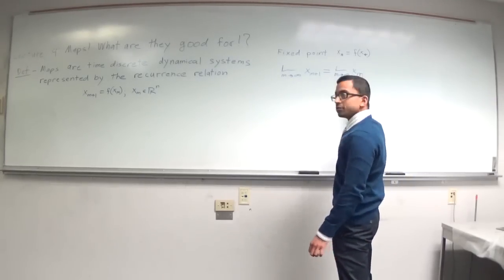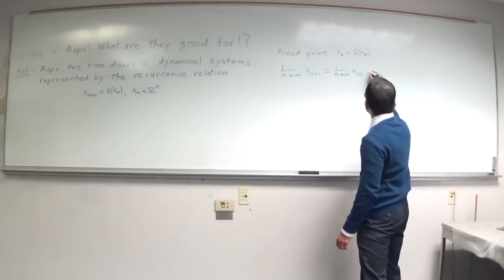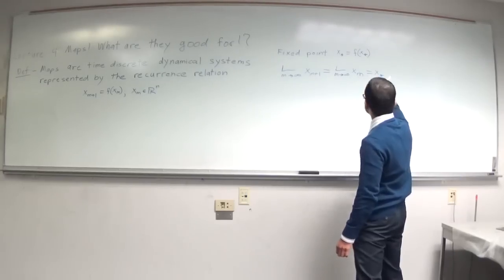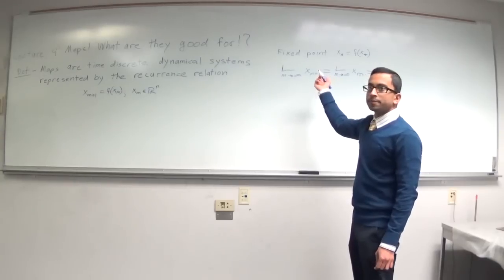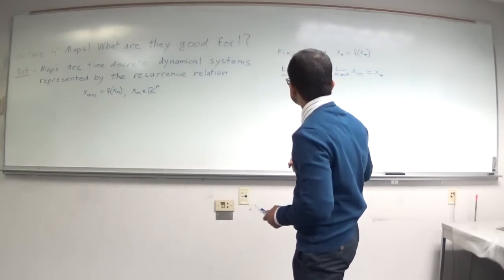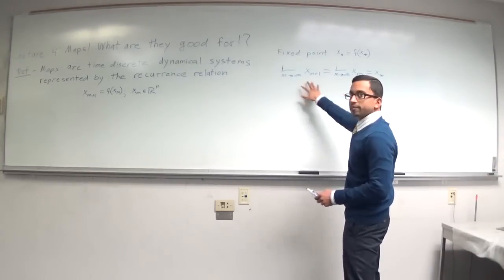So these two limits are equal because it's going to infinity. So then we could just call this x star, plug it in, and try to find out what x star is. So that's why we define a fixed point like this. This basically means that if we're on the fixed point, we're not getting off it.